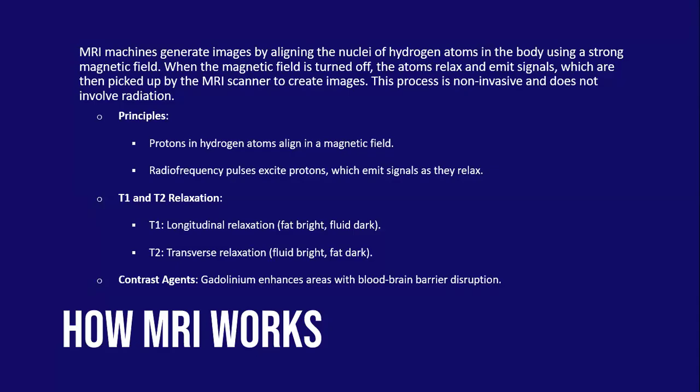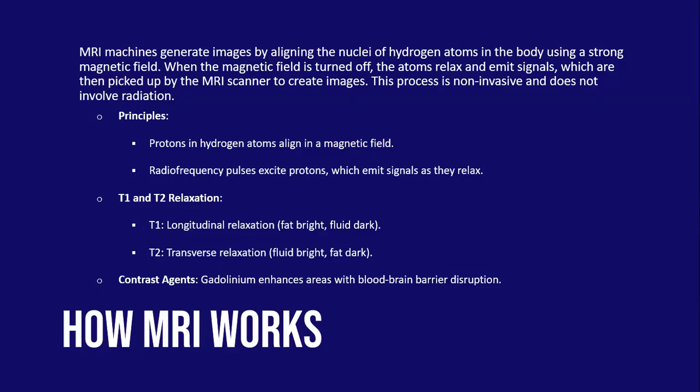The T1 would have the directionality facing for the protons in the longitudinal direction. So they have a longitudinal relaxation. And then you can be able to alter the radio frequency wave direction to make the particular protons have a transverse relaxation.